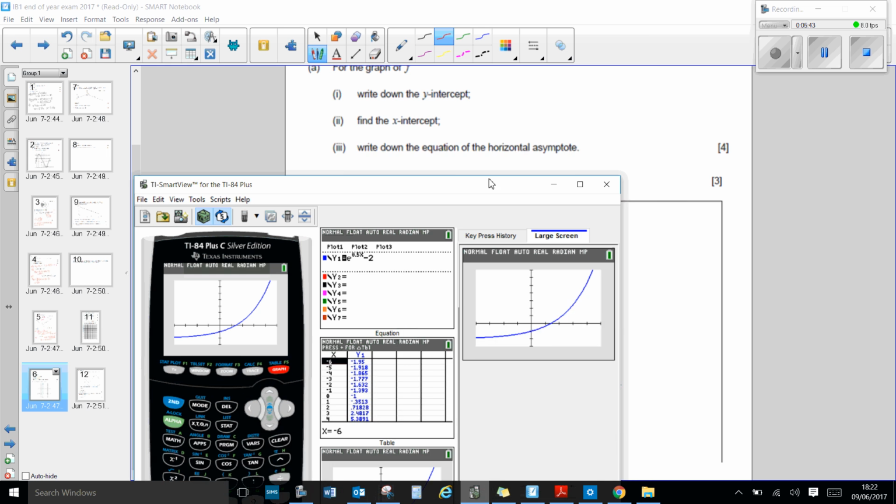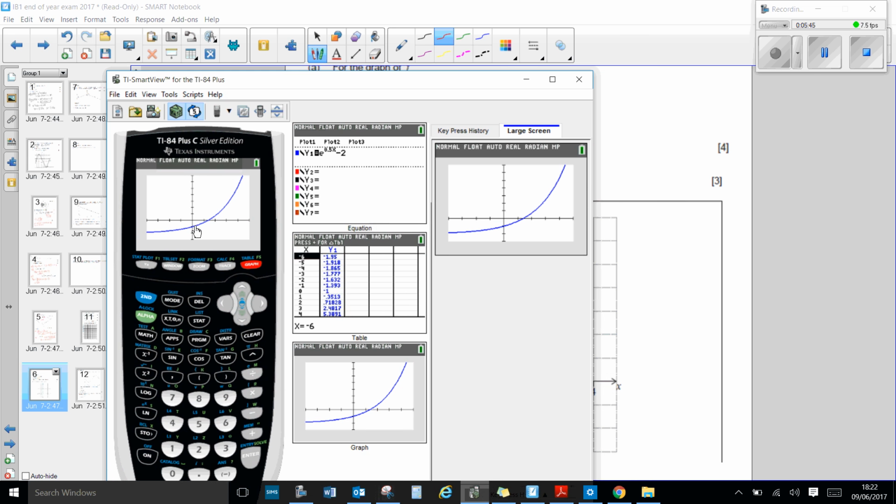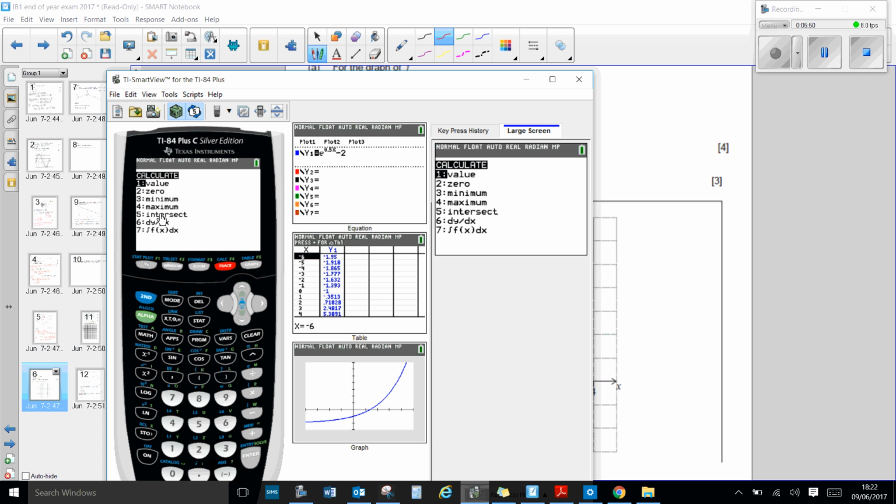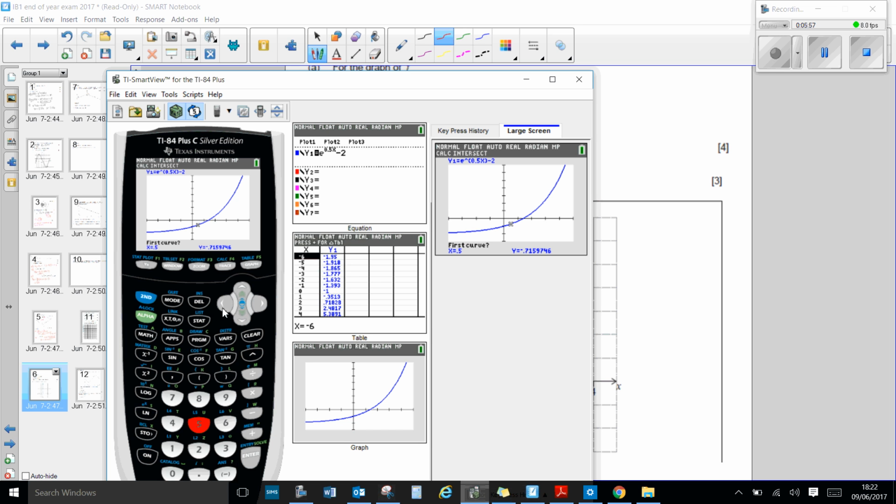And what do we want to find? We want to find the y-intercept. So that's this value here. Are we happy that this is just negative 1?